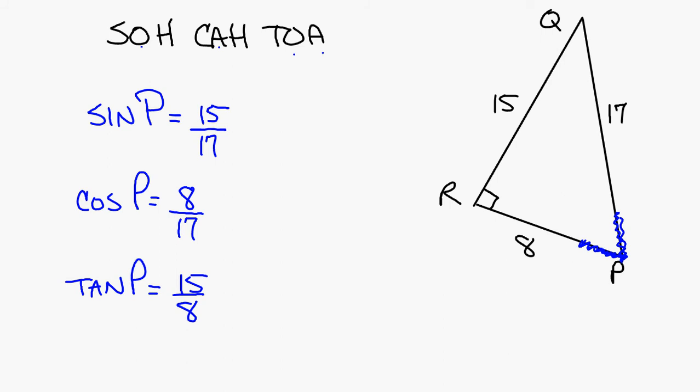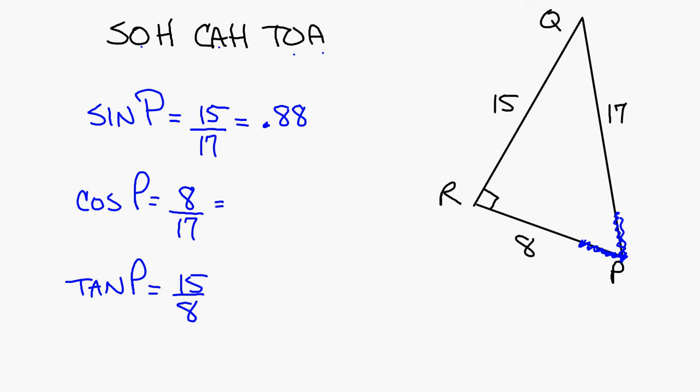The second part of the question was to put them in fraction form and as a decimal to the nearest hundredth. So that's 2 decimal places. So you take 15 and you divide it by 17, and you should get 0.88. Then you take 8 and you divide it by 17: 0.47.